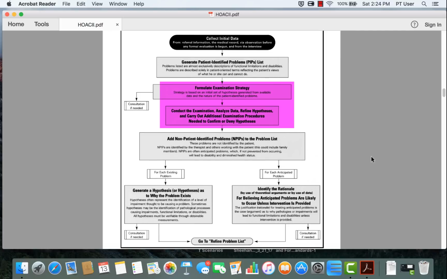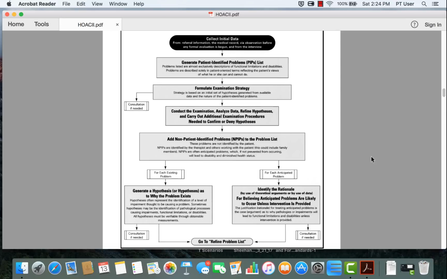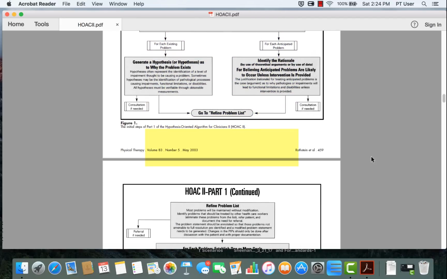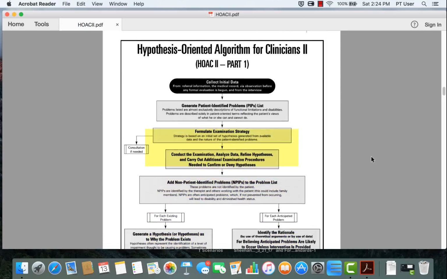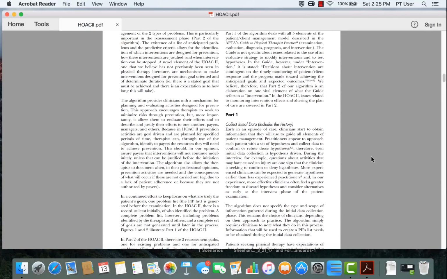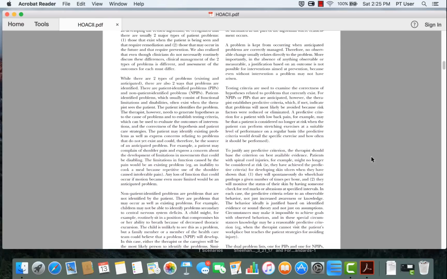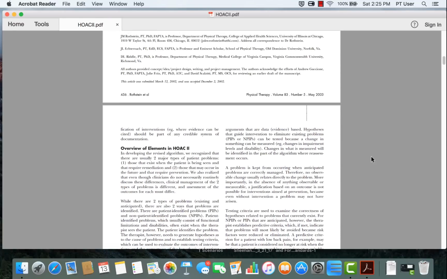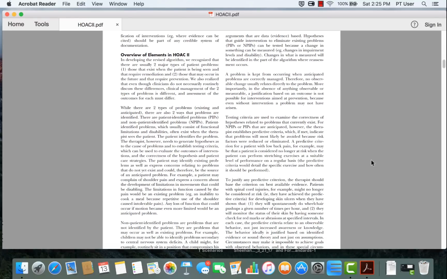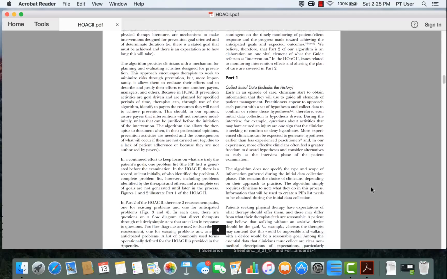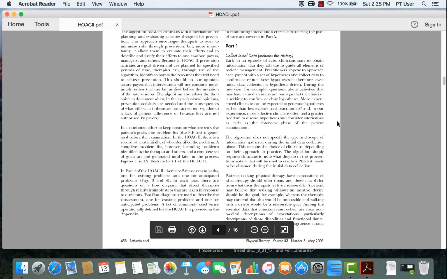So what I would encourage you to do now, before you move on to this second page of part 2, where we refine the list, I would encourage you to go up and make sure that you have read through, starting here, the overview, and then get through part 1 in terms of collecting initial data.